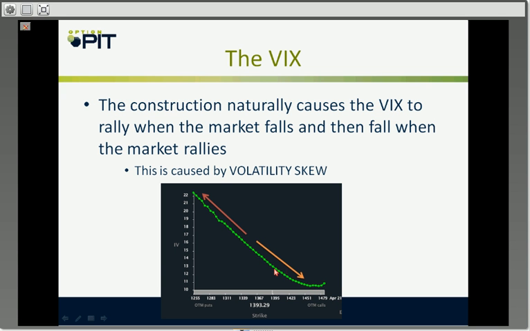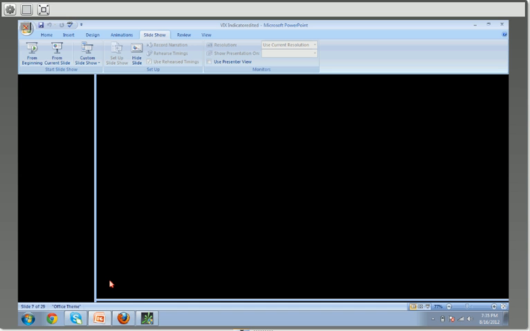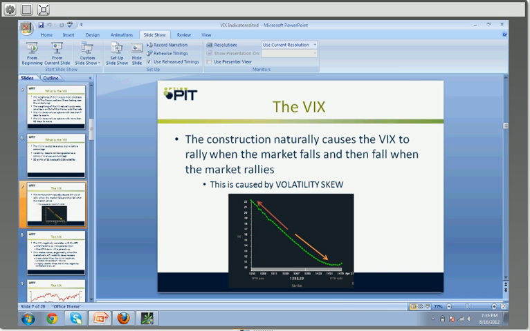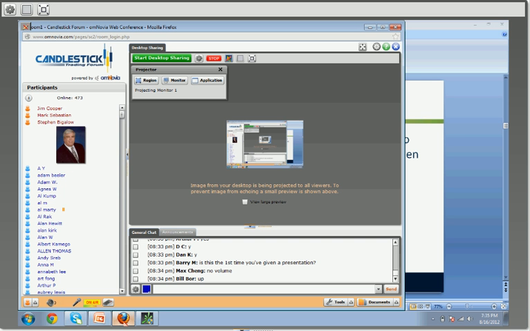Even if we fall from 1395 to 1367, even if volatility doesn't increase, what's going to happen to the VIX? It'll go up. It'll go up. Okay? Kind of interesting.